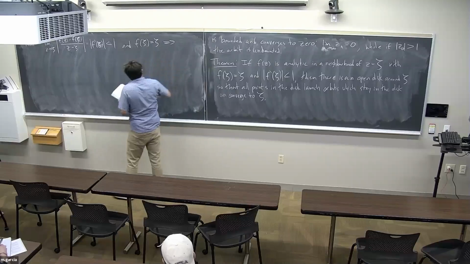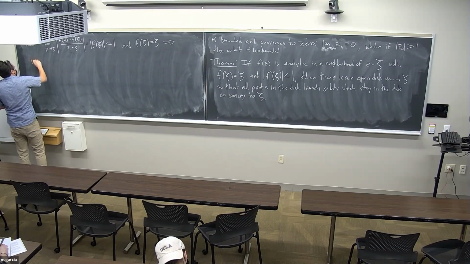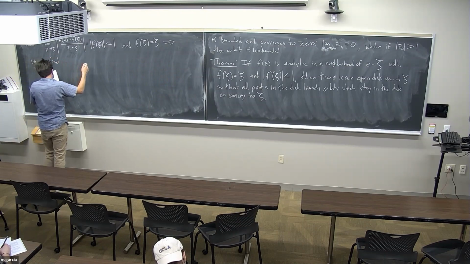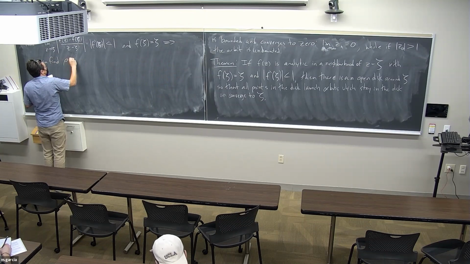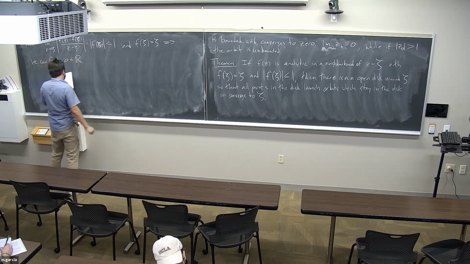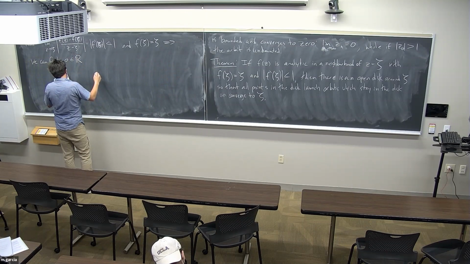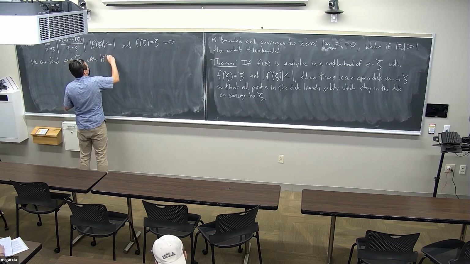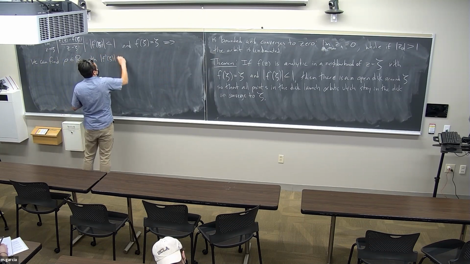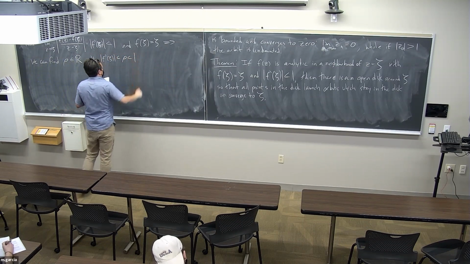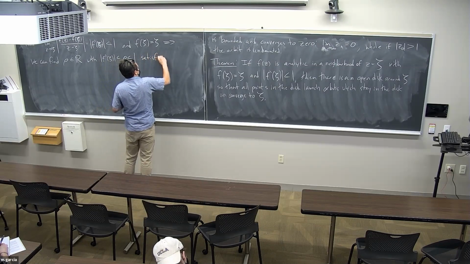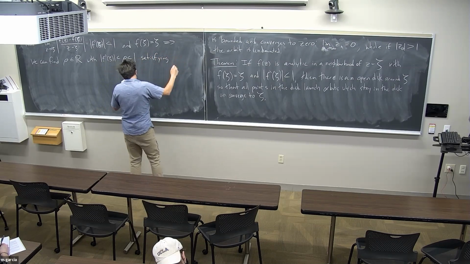This implies we can find rho, a real number, between the modulus of the derivative of f at zeta and 1, satisfying the following.